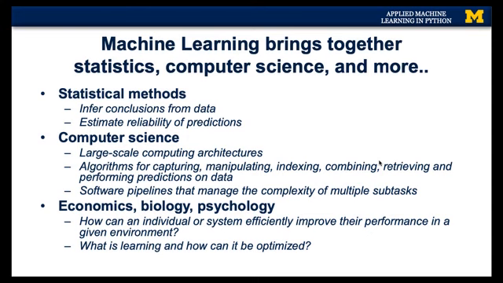We are learning algorithms for capturing, manipulating, indexing, combining, retrieving, and performing predictions on data. We can use software pipelines that manage the complexity of multiple subtasks. And there are other fields like economics, biology, psychology, like how an individual or system can efficiently improve their performance in a given environment, or what is learning and how can it be optimized, etc.